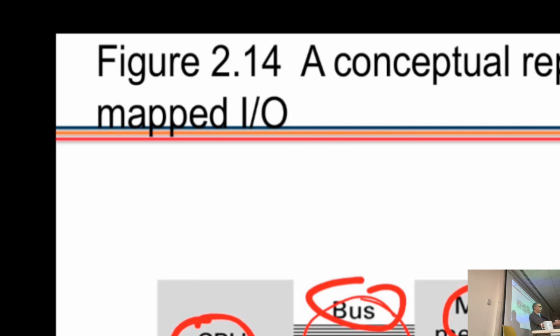If I am reading A2, the CPU puts A2 on the address bus, and A2 is connected to the data bus. So wherever I am interested, that part of the memory is connected to the data bus. I indicate my intent with the address bus.